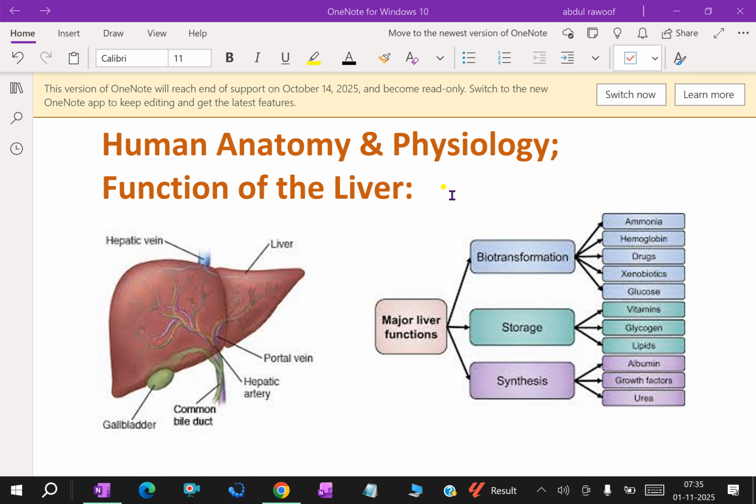Bilirubin is one of the products of hemolysis of erythrocytes by hepatic macrophages, that is Kupffer cells in the liver, and by other macrophages in the spleen and bone marrow. Bilirubin is insoluble in water and is carried in the blood bound to the plasma protein albumin.